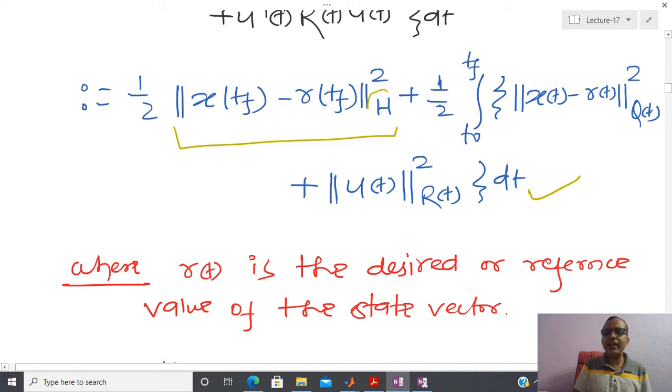Again I am going to assume that H is a positive symmetric semi-definite matrix, and this is the terminal cost. Q(t) is again a positive symmetric semi-definite matrix, and R(t) is a positive symmetric definite matrix because it is associated with the control action. So the same kind of assumption remains.